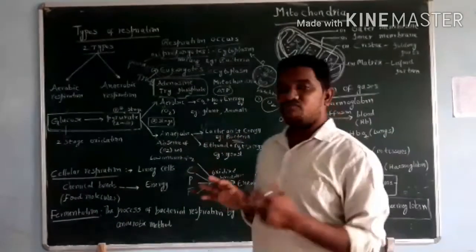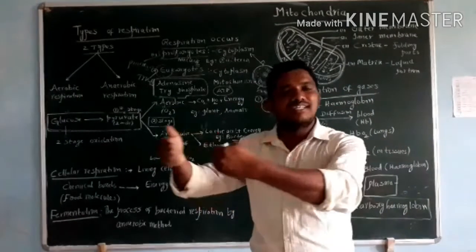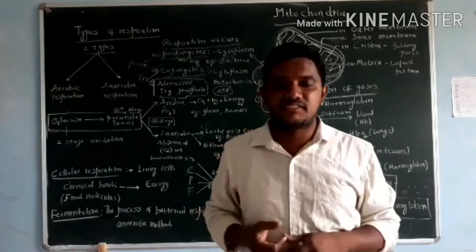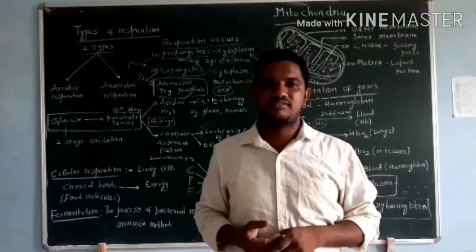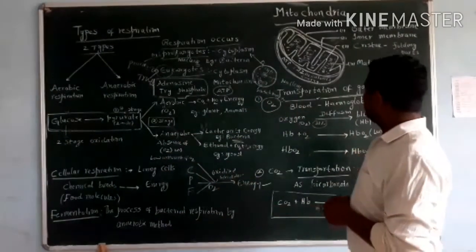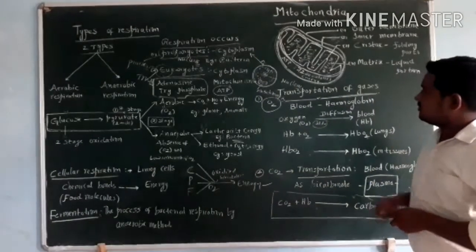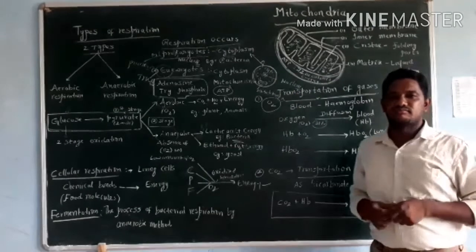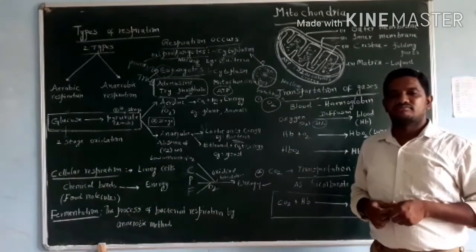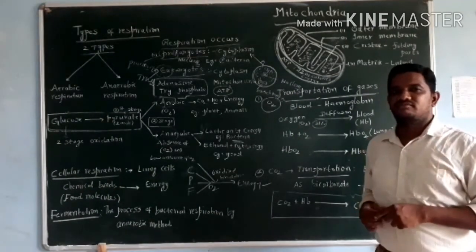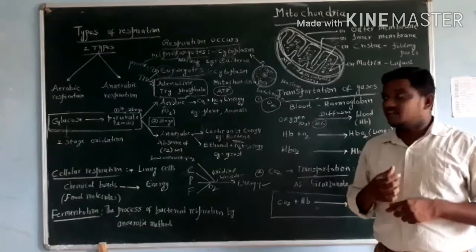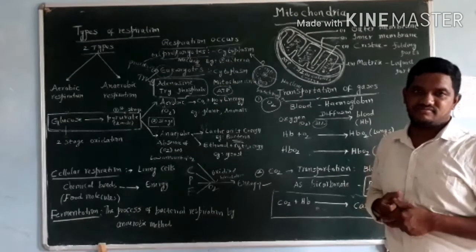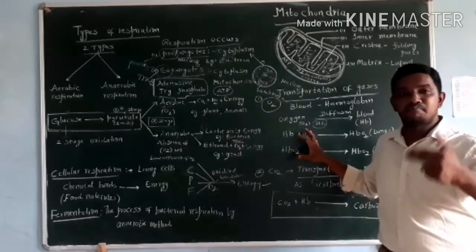See, in this chapter they have given how oxygen is transported from one place to another, and how carbon dioxide is transported from one place to another. Let us see. First one, transportation of oxygen. After respiration, when oxygen is reaching the alveolus, remember the previous concept.